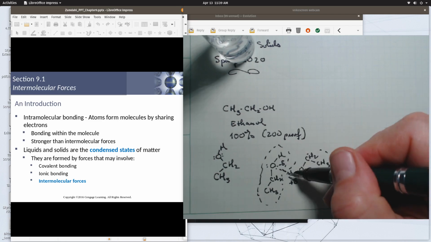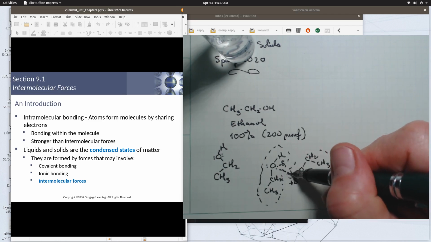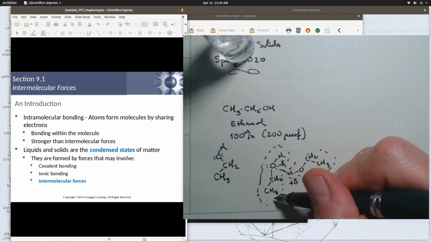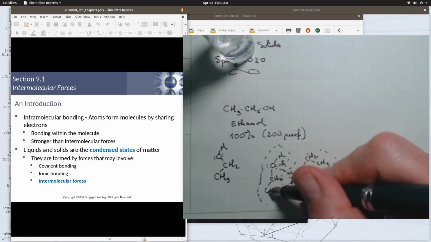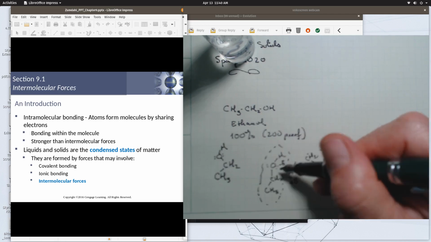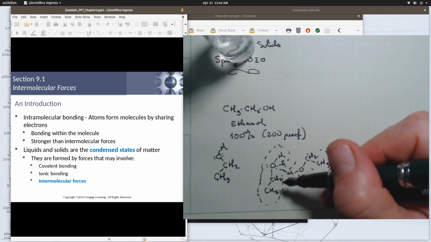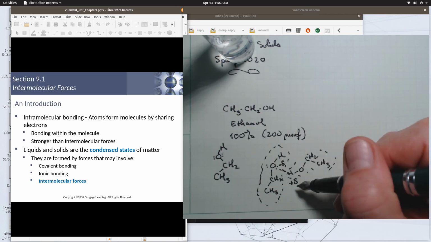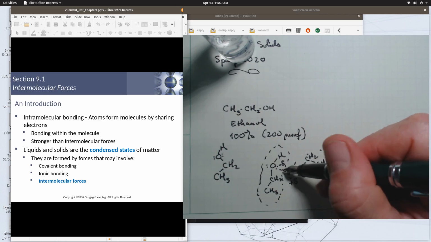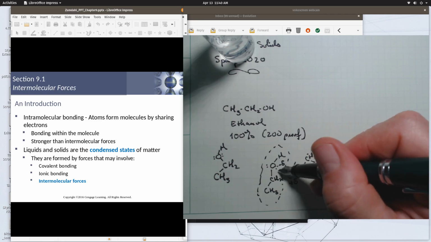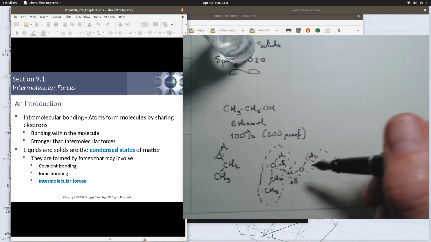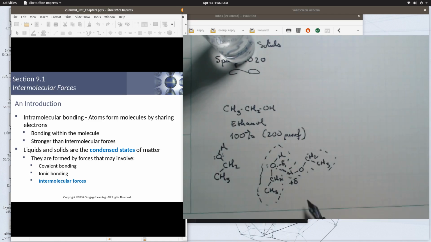That's a stronger interaction than this hydrogen to these hydrogens out here, which are partially positive. Remember, these are more positive than that negative oxygen. You could go back through and calculate the formal charge of this oxygen and of that hydrogen, and you get a very weak interaction between this hydrogen and that oxygen, and it leads to what is called a hydrogen bonding network.